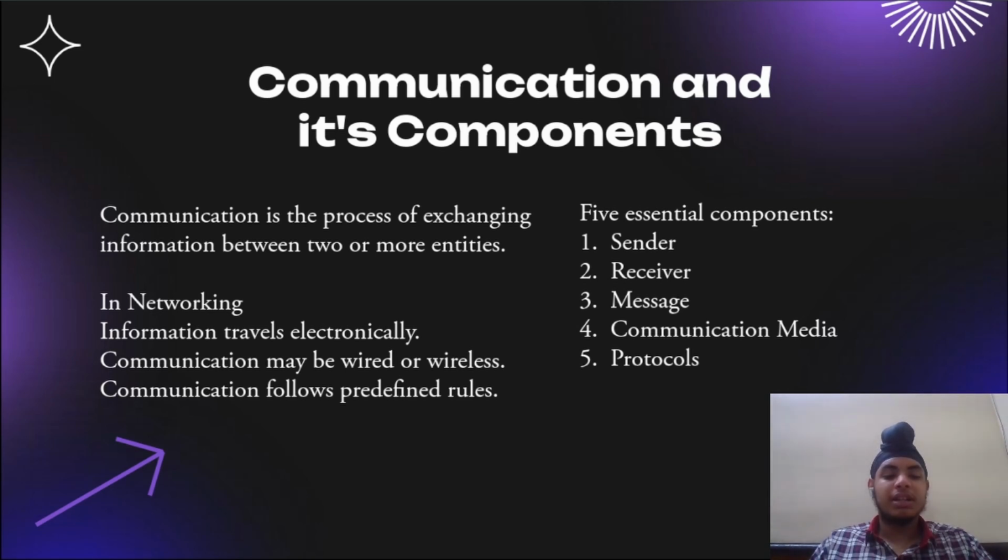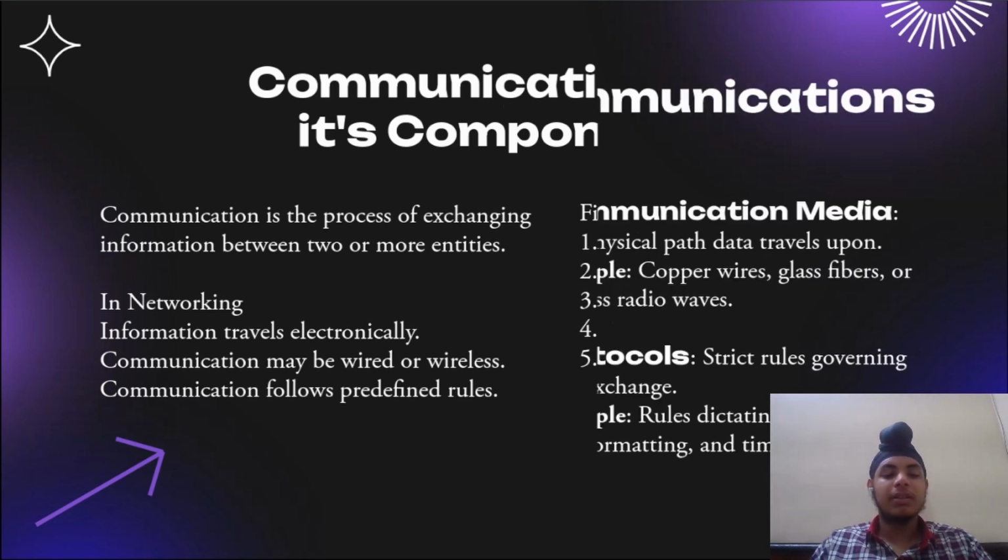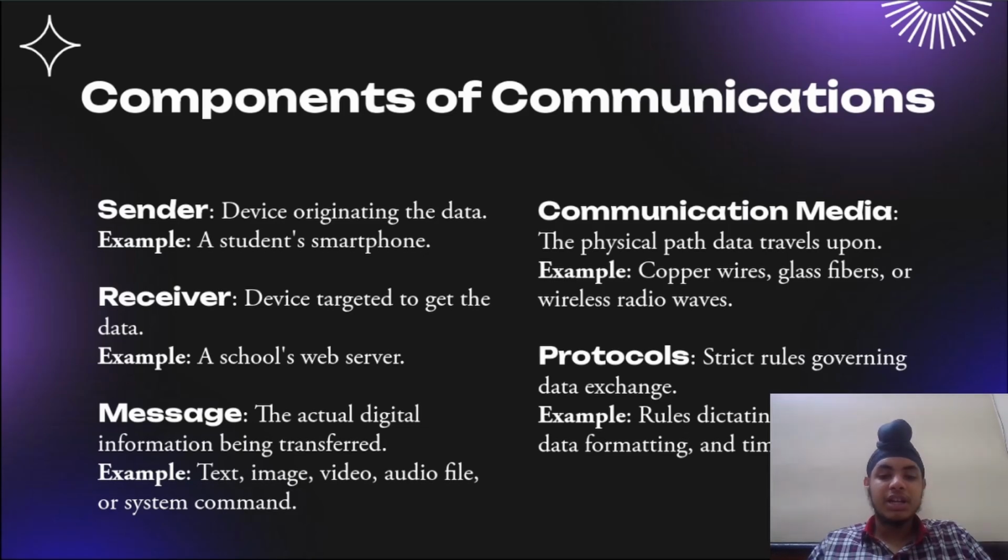Let's understand them in depth. Starting with the sender. What exactly is the sender? The device which sends the data is simply the sender. Next is the receiver. The target device, or the device which receives the information, is simply the receiver. Next is the message. The message is the actual digital information that is being sent.